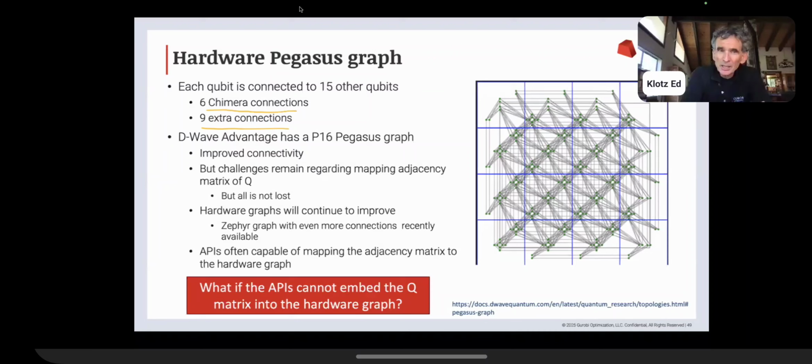But at the same time, given what we discussed, hardware graphs are going to continue to improve in terms of connectivity and qubit size. So I think the point is not to talk about where things stand now. The point is that there is potential for things to change.